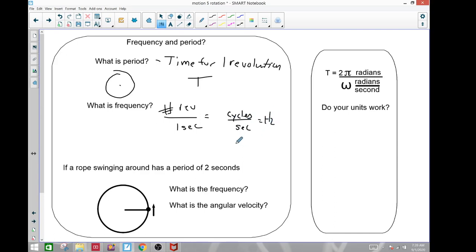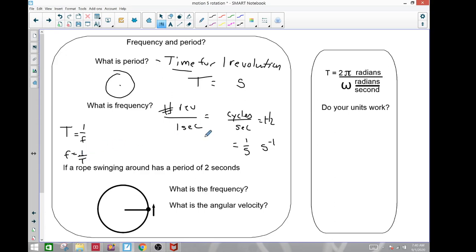Another way you might see it is 1 over s, something happening per time, or you might just see it as s negative 1. Now the period is literally a time, so its unit is just a time. A couple things you should note: the period is equal to 1 over the frequency, or the frequency is equal to 1 over the period. That's all pretty important stuff.